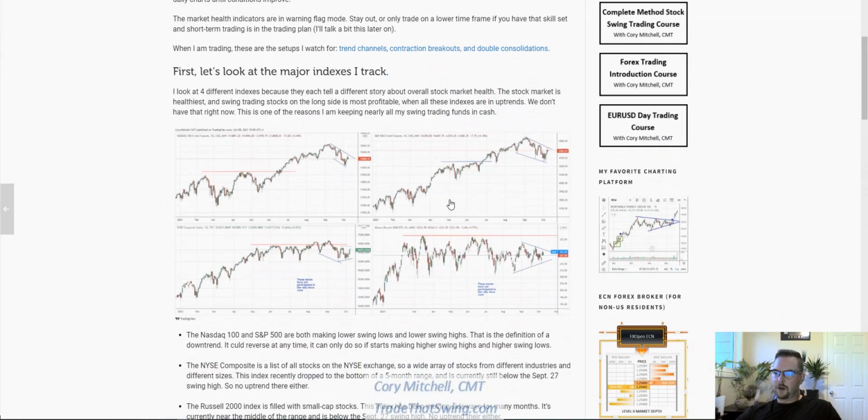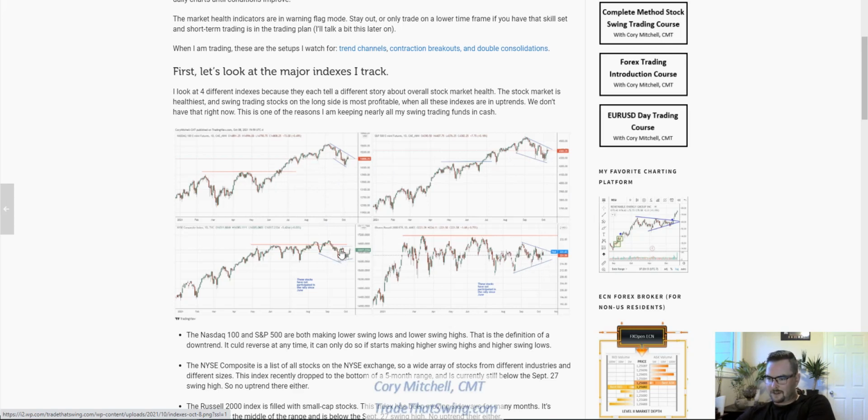So the market health indicators, I look at the four indexes. We have the NASDAQ, S&P 500, NYSE Composite, and Russell 2000, and we can see that they are moving in short-term downtrends right now, the NASDAQ and S&P 500. These ones are kind of moving in triangle patterns.